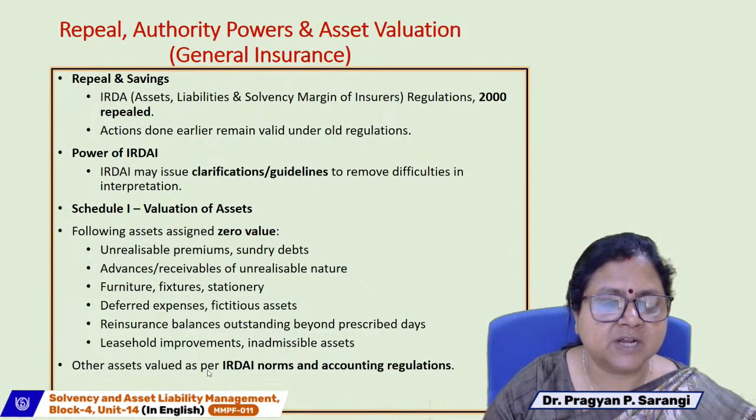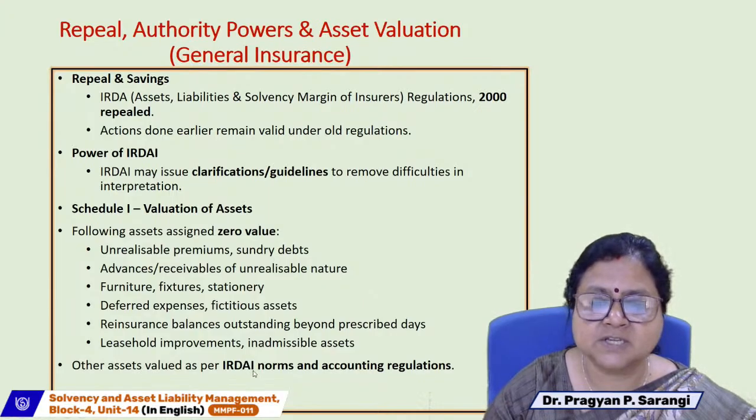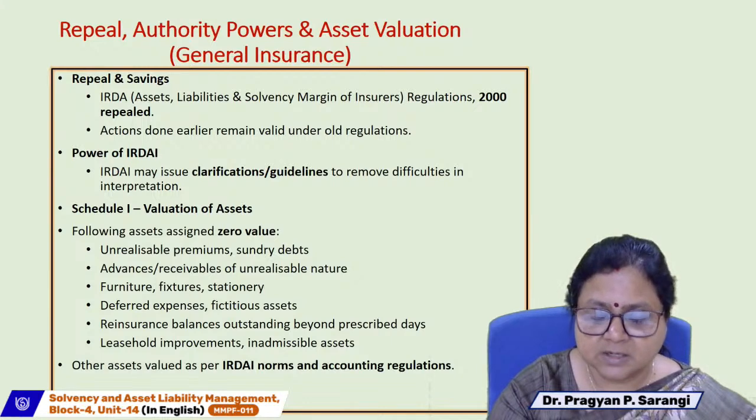Other assets are valued as per IRDAI norms and accounting regulations. Initially, it was only as per IRDAI norms. Then, after this, it became that the other assets will be valued as per IRDAI norms and the accounting regulations.